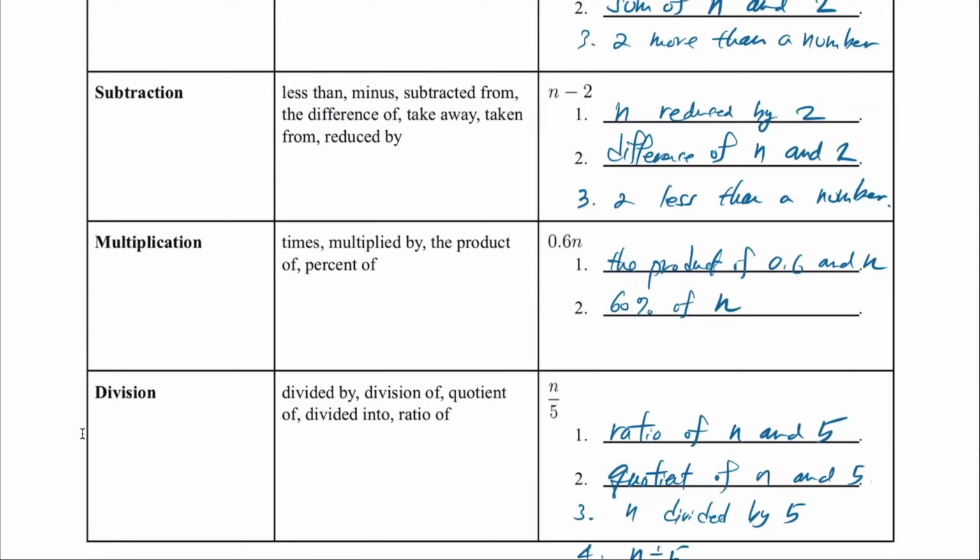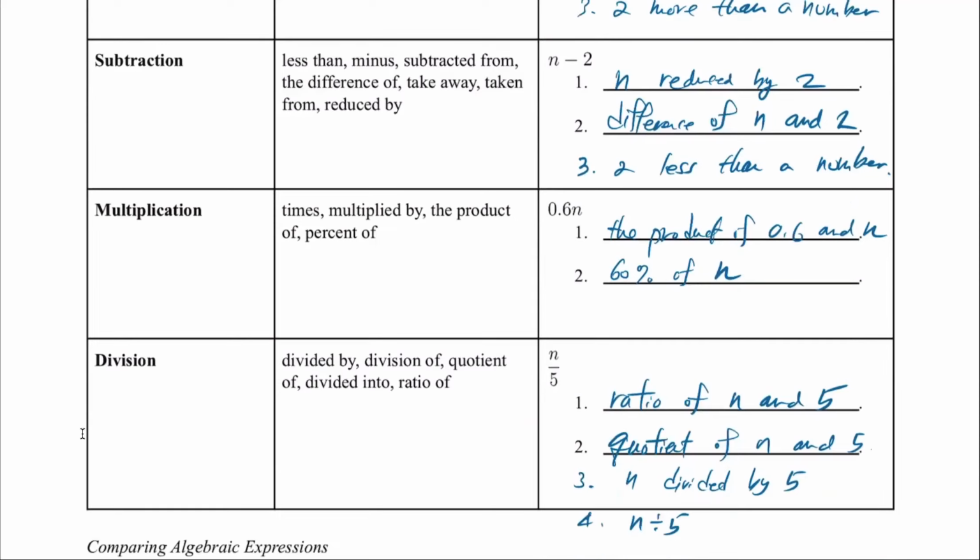The one that is maybe not so common is writing this number, especially if it's a decimal, as a percent. So when you say 60% of n, that word "of" is the multiplication. 60% right there is equal to 0.6 or 0.60. Of is times n.